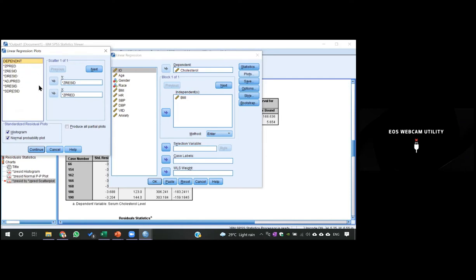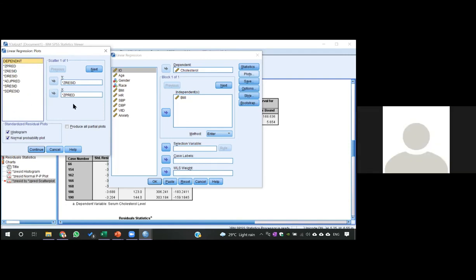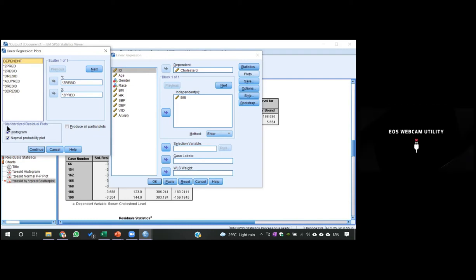I think all this scatter plot is for normality. This gives you these values, no? No, this is for homoscedasticity. This is standardized only. It doesn't give unstandardized here. By default, SPSS has not given you the command to plot normality for the unstandardized.